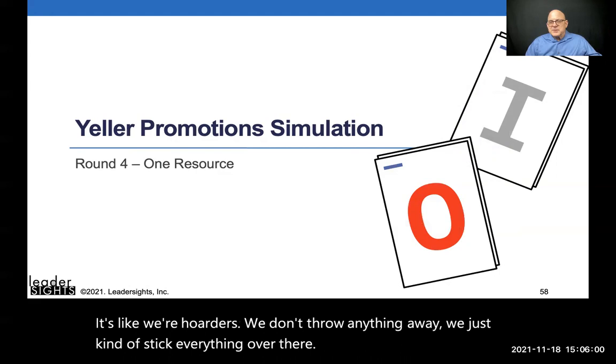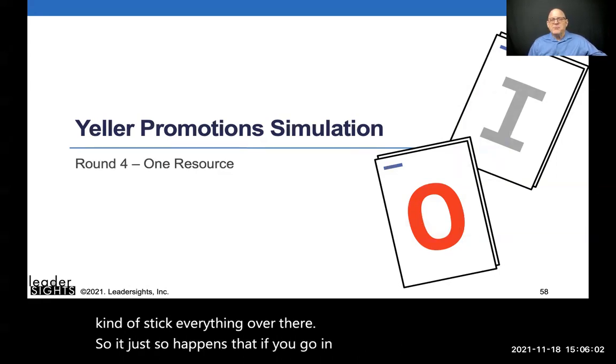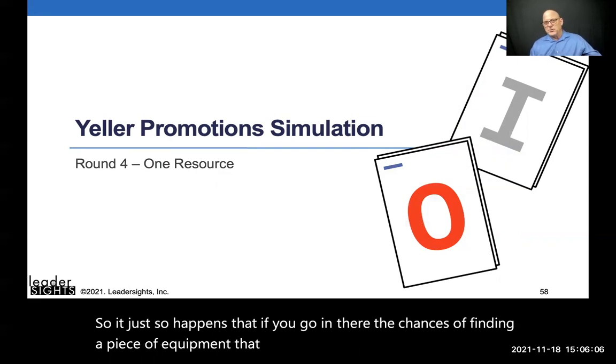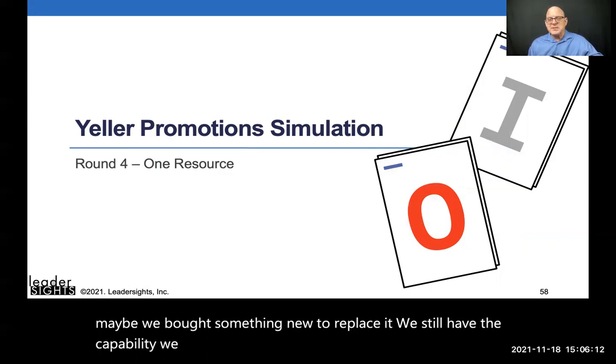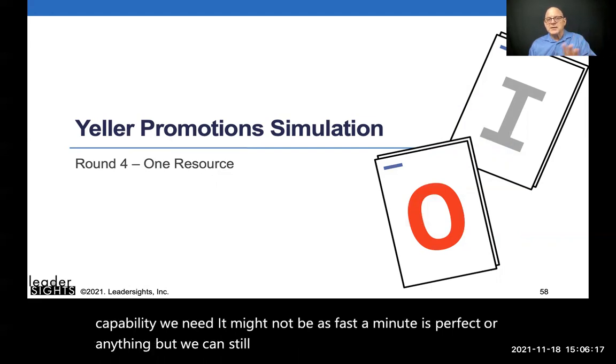So it just so happens that if you go in there, the chances of finding a piece of equipment that's old and no longer used, because maybe we bought something new to replace it, are good. We still have the capability we need. It might not be as fast, it might not be as perfect, but we can still use that resource and dedicate it into the work area.